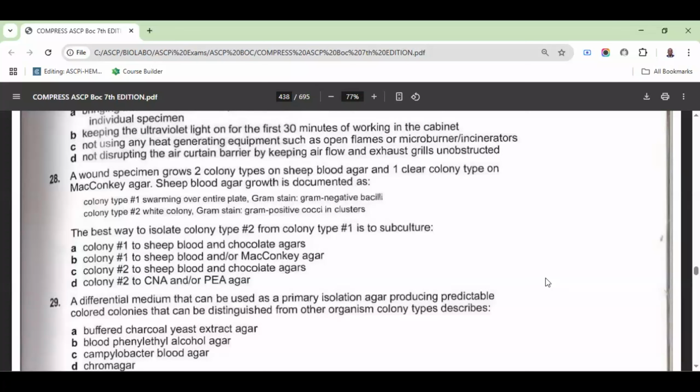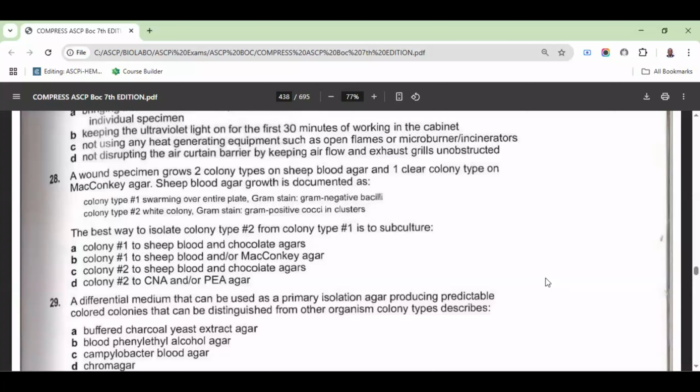That would be swarming by the Proteus. Colony 2 to sheep. Sorry? Because if we choose C, the Proteus will swarm and would not be able to isolate the colonies.